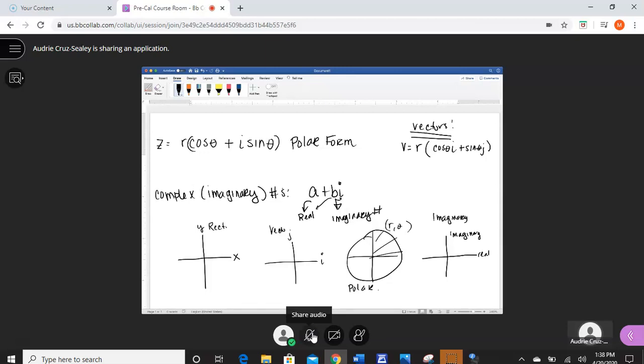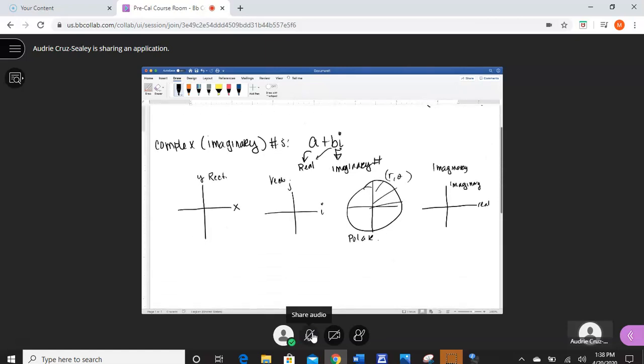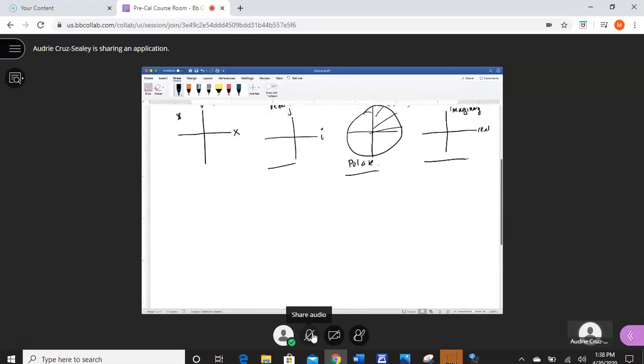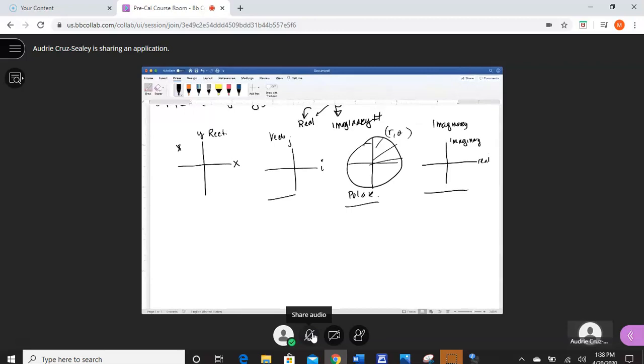But now that you're in pre-cal, you are. And this is why pre-cal is a little bit more difficult. Remember I said pre-cal is a huge jump because you're working with a lot of different planes than just the x and y axis. But the cool thing is graphing them is exactly the same.